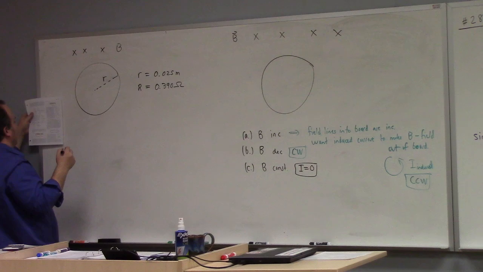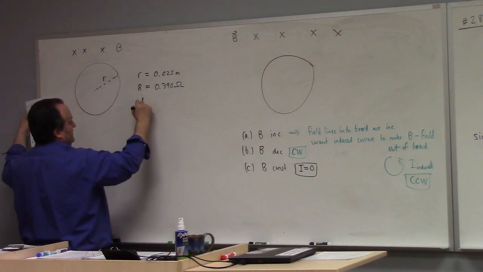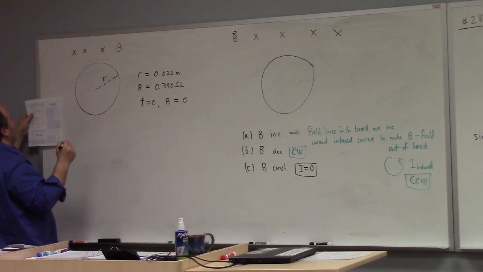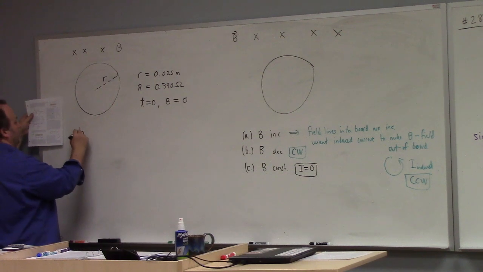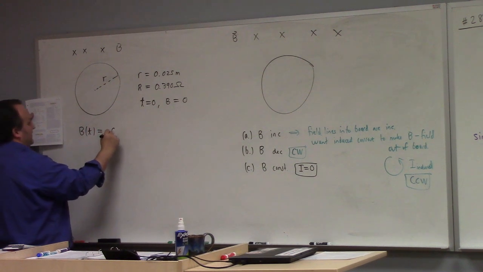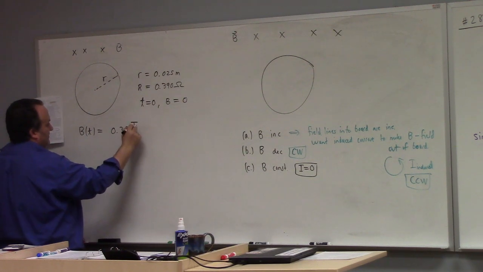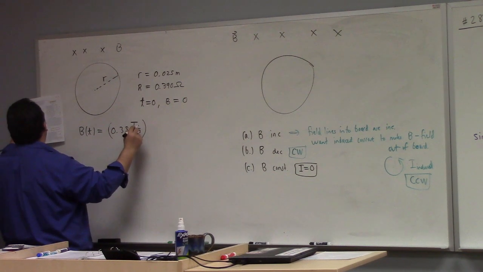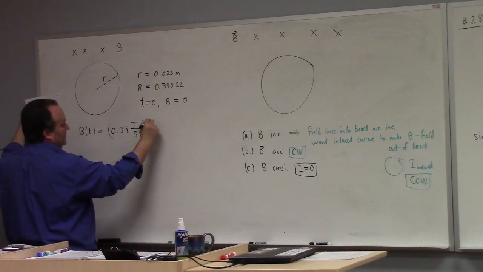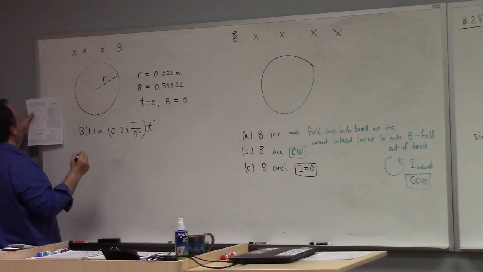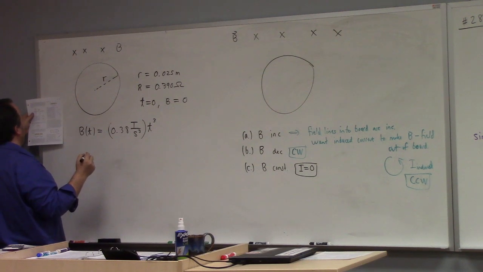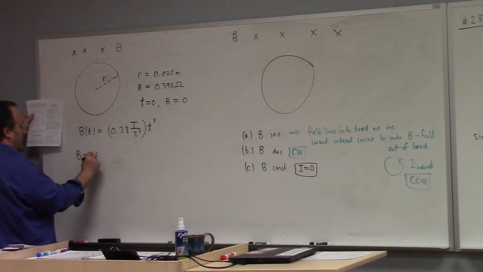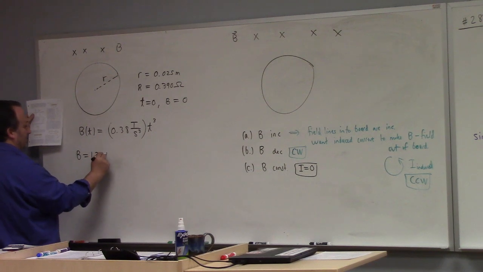At t equals 0, B equals 0. Then it begins increasing with B of t equal to 0.38 Teslas per second cubed times t cubed. What is the current in the loop, magnitude and direction, when B equals 1.33 Teslas?